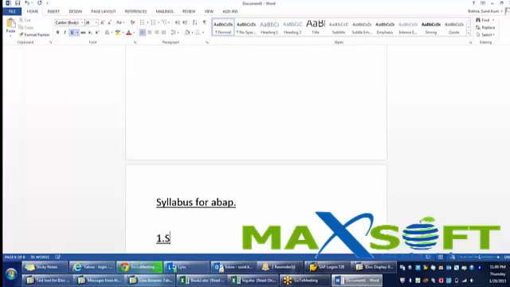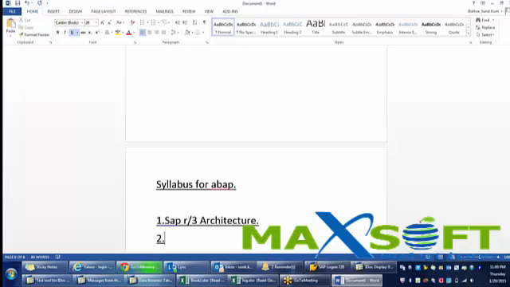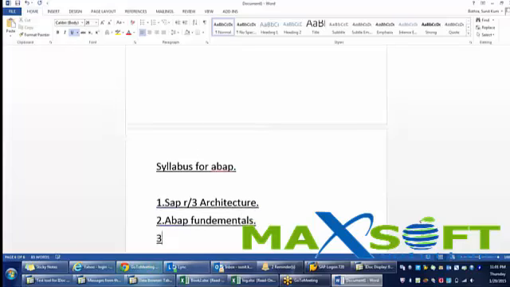I'll be starting with SAP R/3 architecture. Then I'll be covering fundamentals, the similar features you get in every programming language, like your loops, your variable declaration and all those things, the basic input output commands, the very fundamental things.